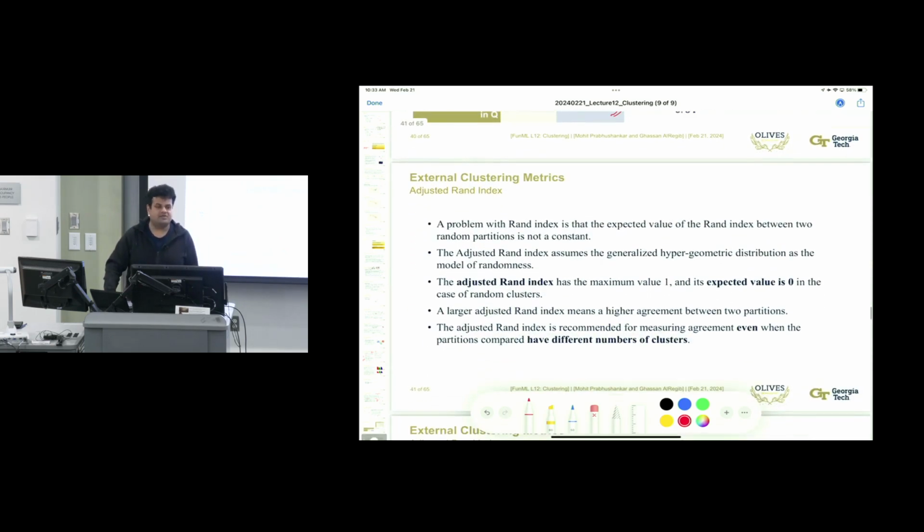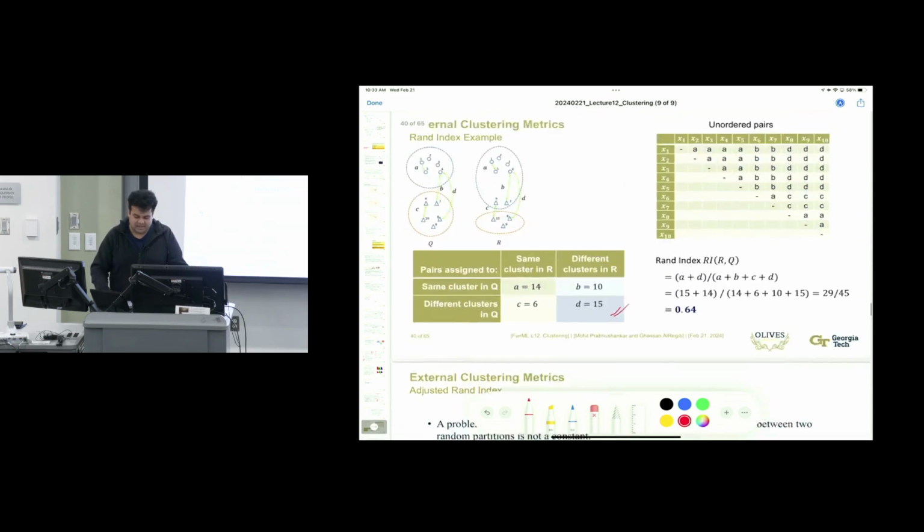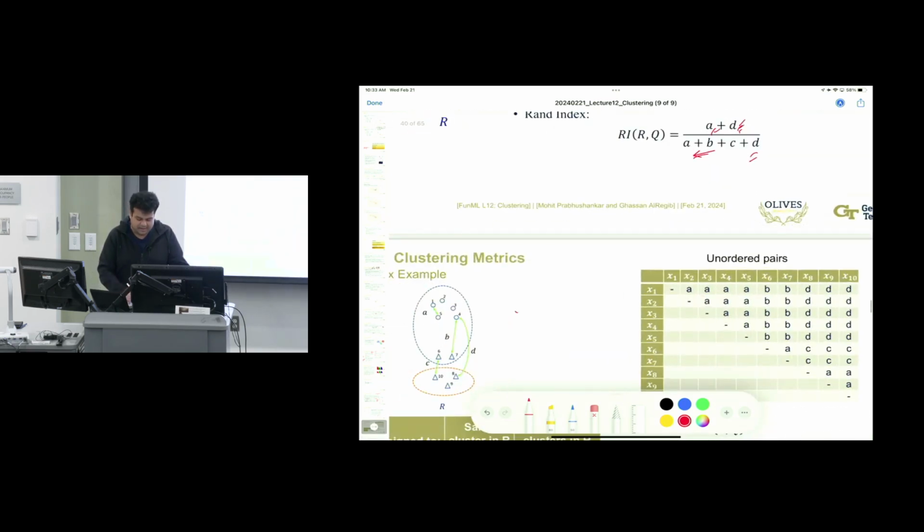But this is not always, if you remember classification, the reason we went towards true positive, true negative stuff away from the accuracy was that accuracy is problematic when there is imbalanced data. The same thing exists in this case as well. Let's say cluster 1 had 10,000 data points, and this cluster had only like 5 data points.